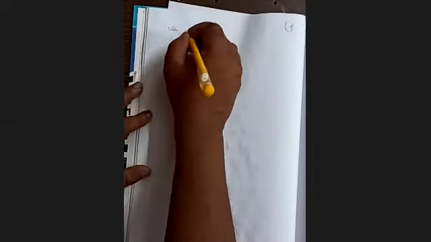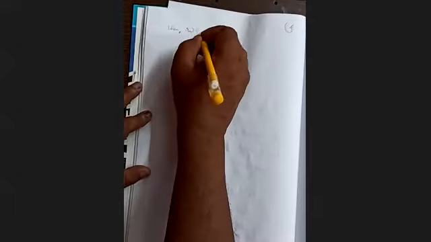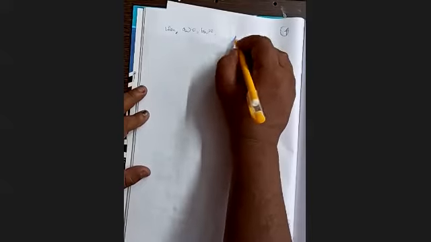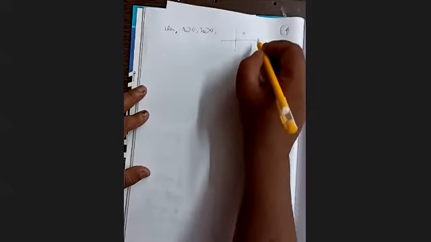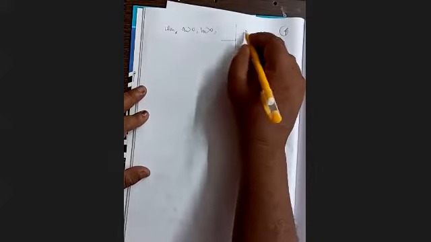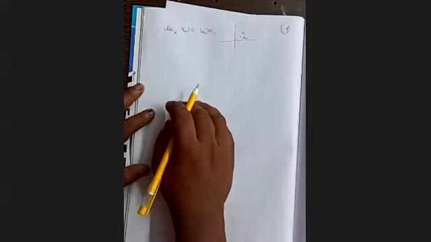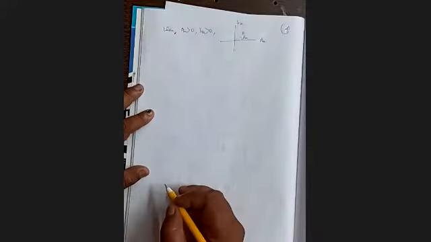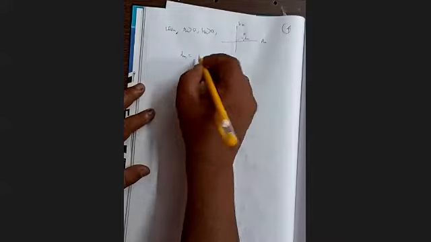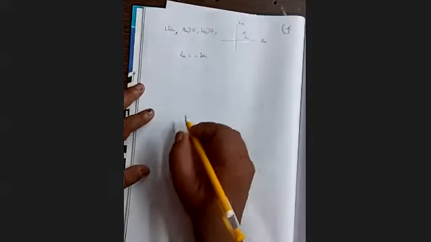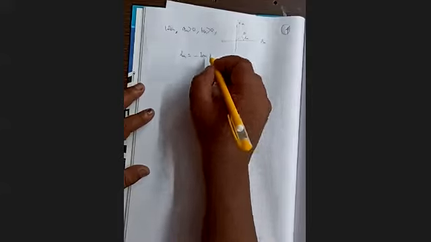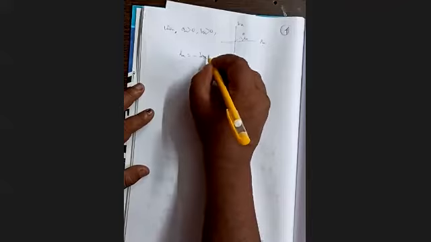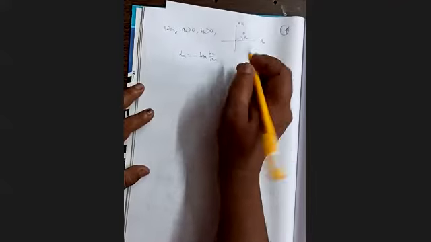When an and bn both are positive, our an is somewhere here. This angle is alpha n. Both are positive, so this is an and bn. Then our alpha n is what? It is minus tan inverse bn by an.